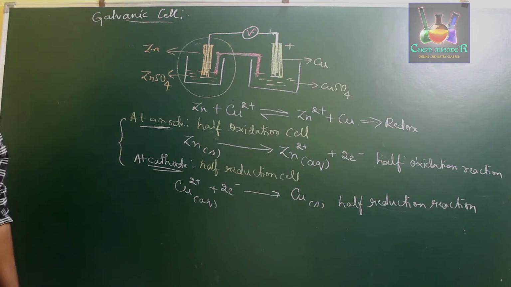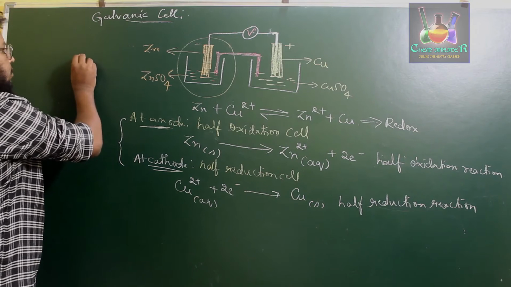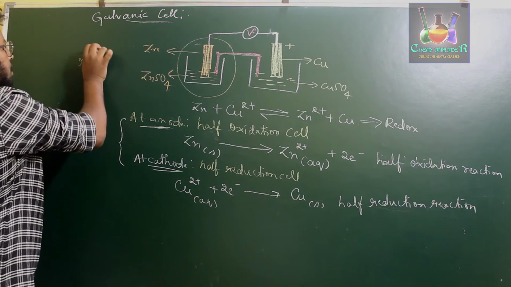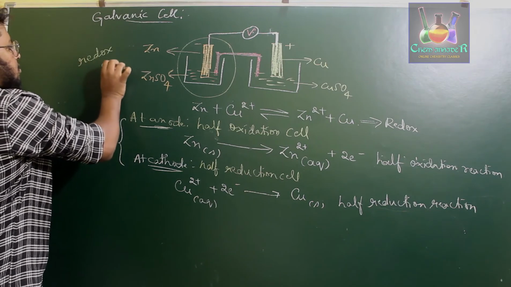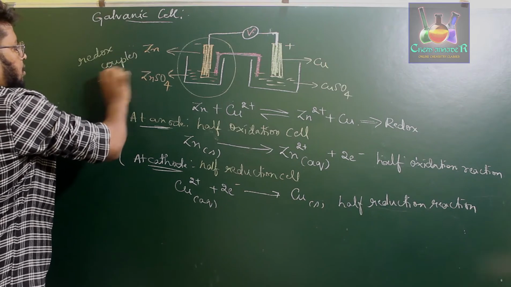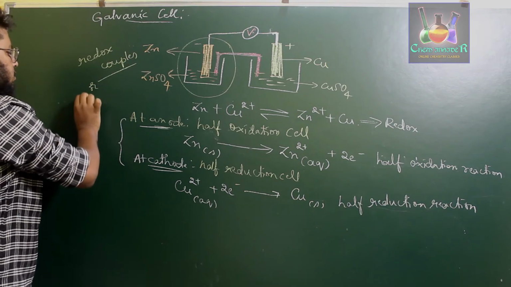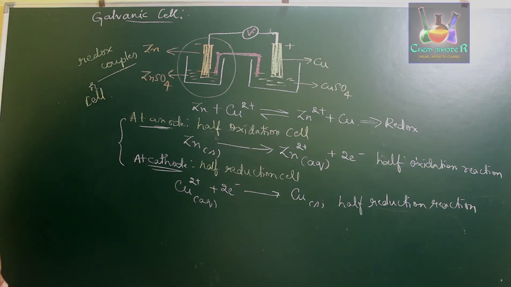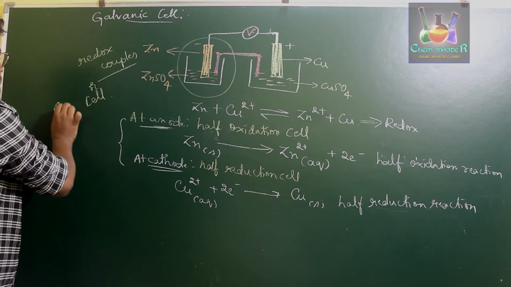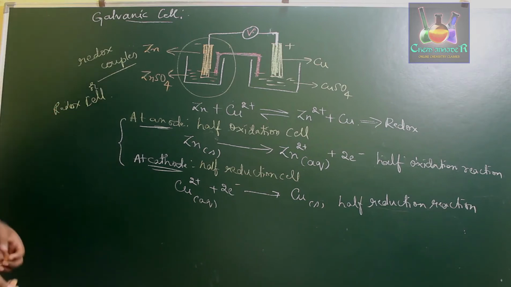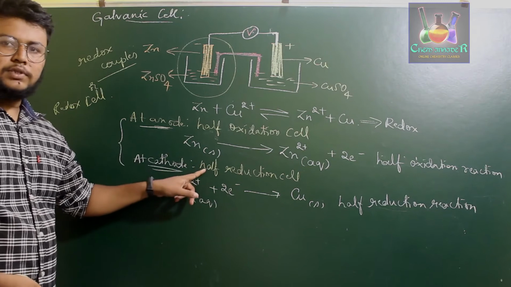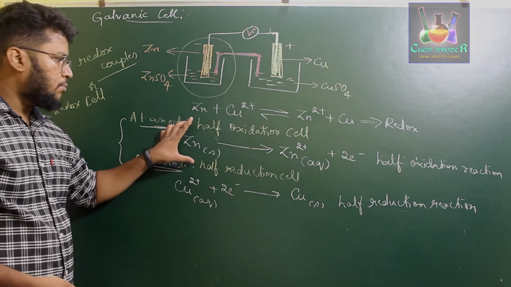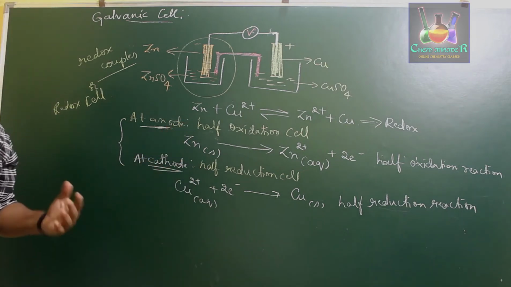These two, the half oxidation cell and half reduction cell together, are called redox couples. Redox couples are also called redox cells. Half oxidation cell and half reduction cell combined can be called a redox cell or a redox couple.